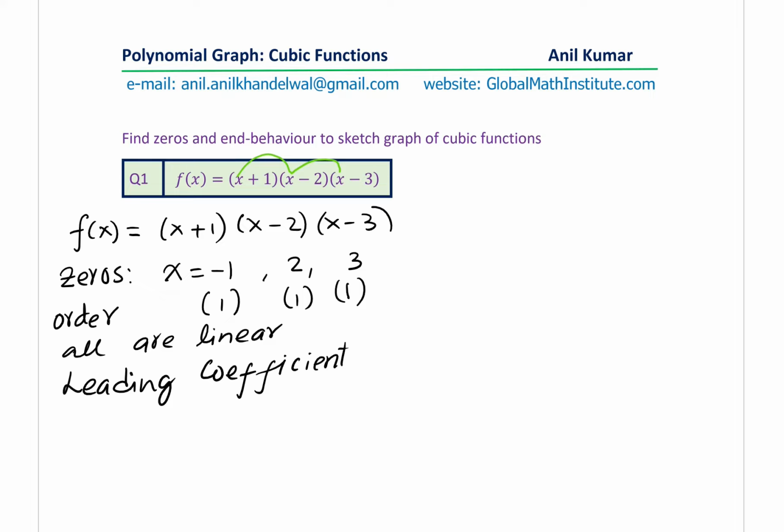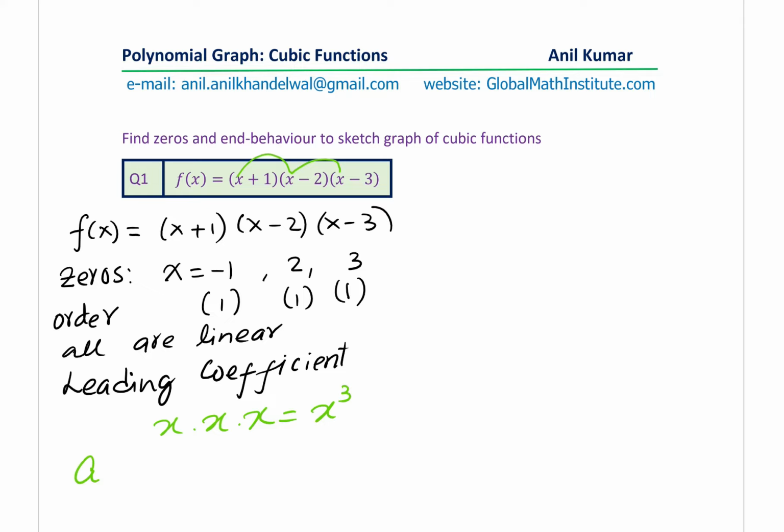So in this particular case, the value of a is going to be x times x times x, which is x cubed. So the leading coefficient of a is 1. So basically, we should write this as a equals 1. The term here will be, that is the leading term.